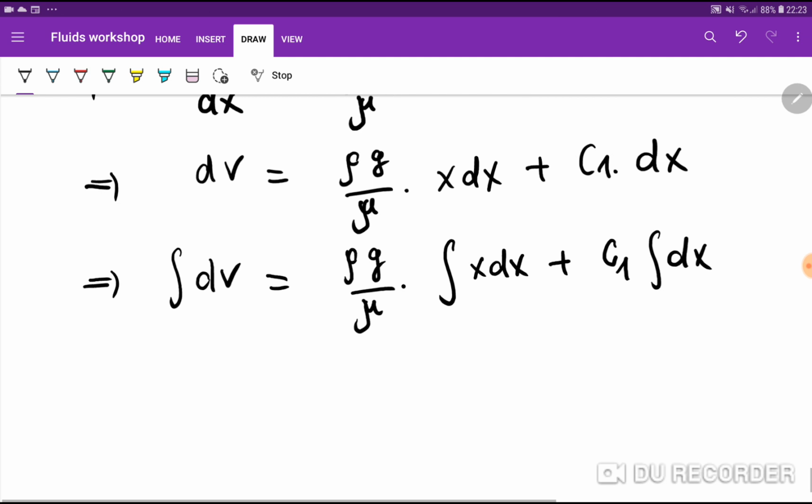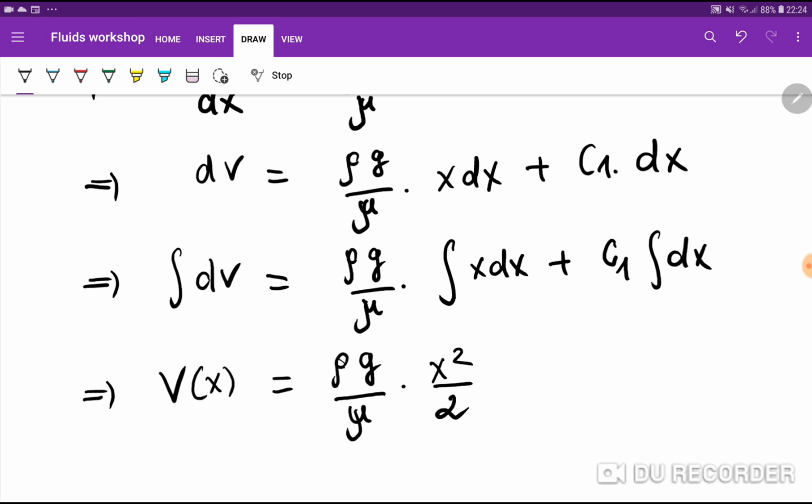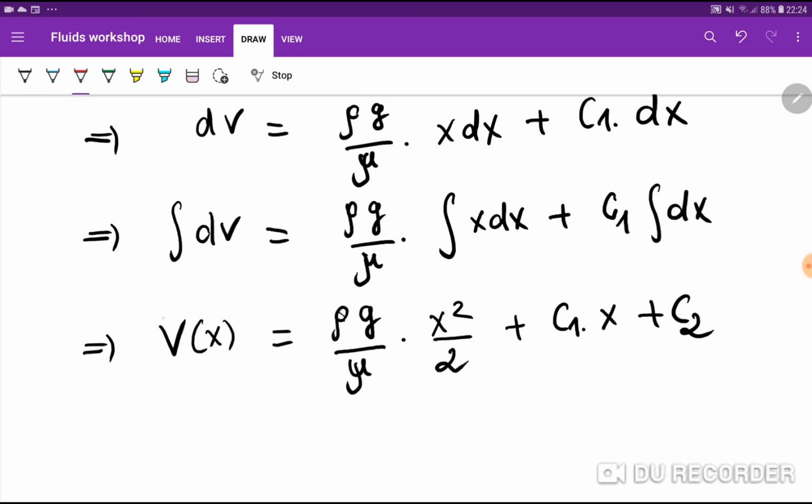So you get v as a function of x equal to rho chi over mu times x squared over 2 plus c1 times x plus c2. This is your velocity profile.